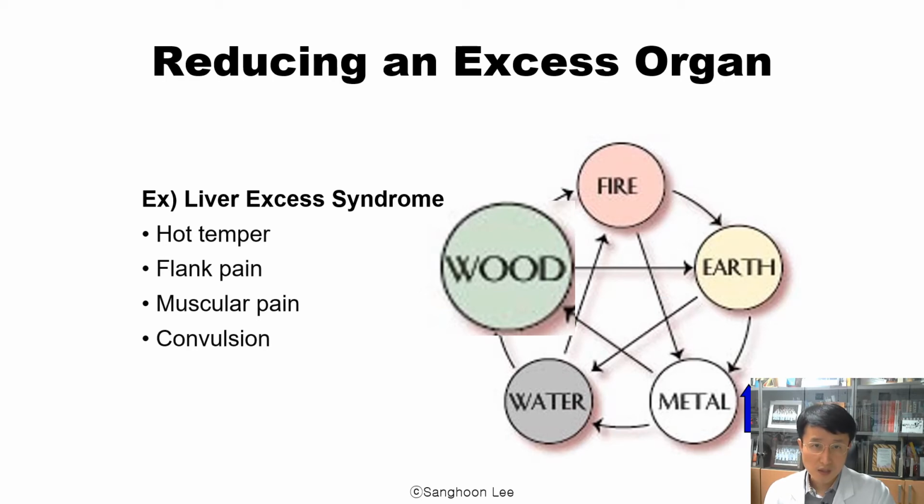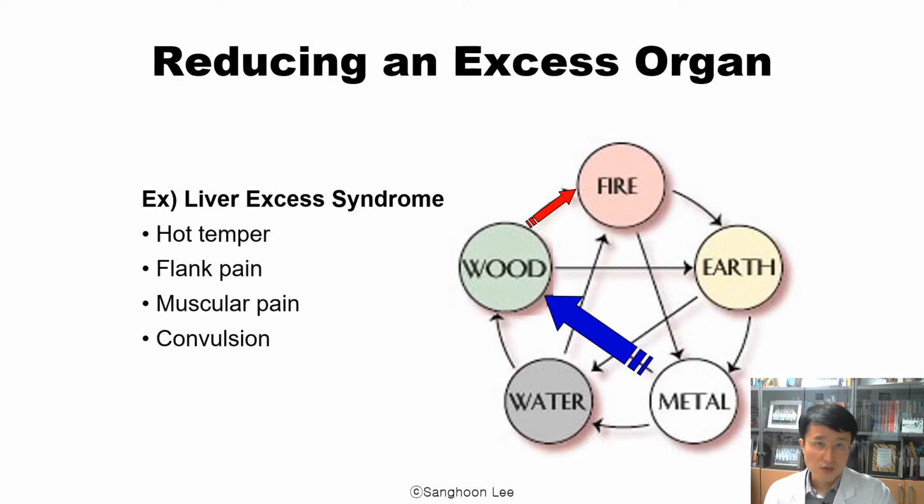Reinforce the metal in order to strengthen metal's control over wood, and reduce the child fire in order to consume wood energy by fire in the nourishing cycle. These 2 ways of manipulation will help suppress the overactive wood energy.